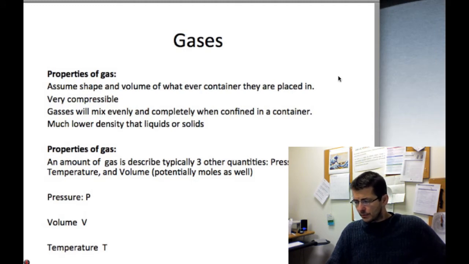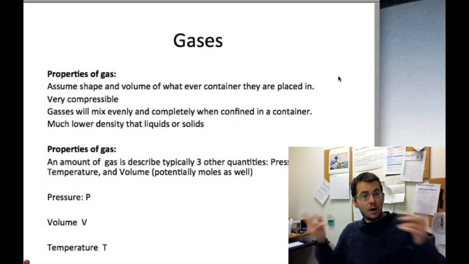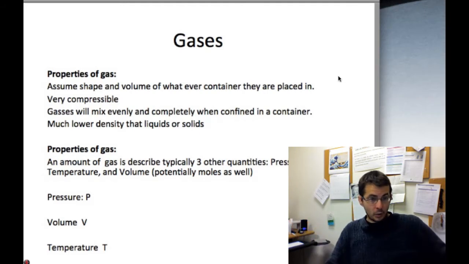And this is due to the fact that the gas molecules of the perfume or cologne are able to travel all the way across the room very quickly. And lastly, gases have a much, much lower density than liquids and solids.